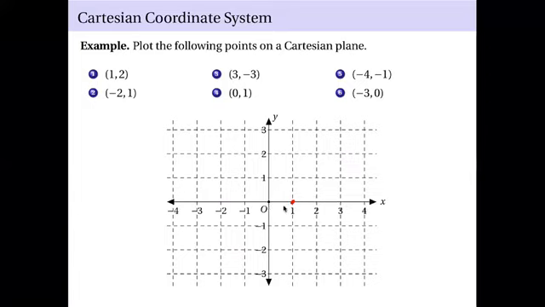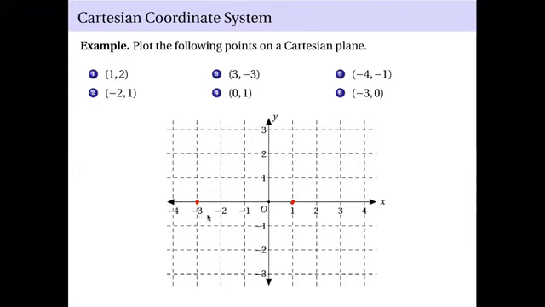And this one is 3 units from the origin, but to the left, along the x-axis, which is why you have a negative value.